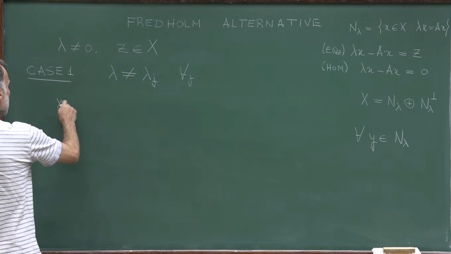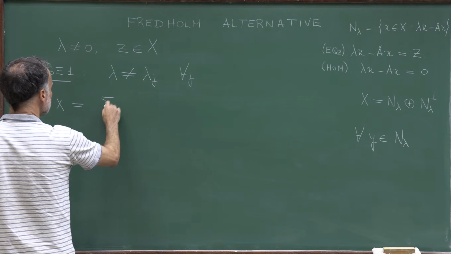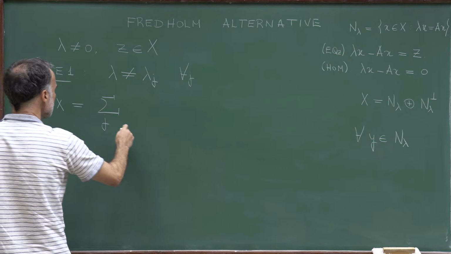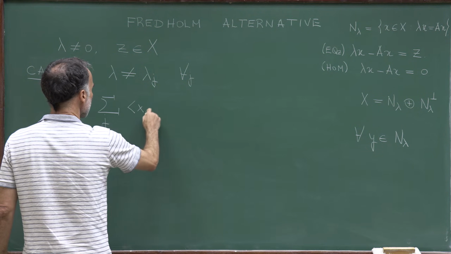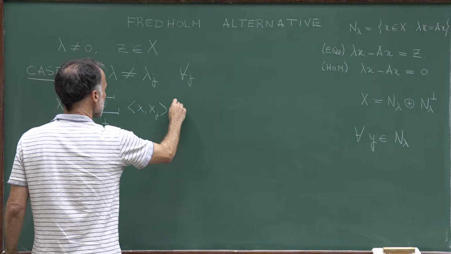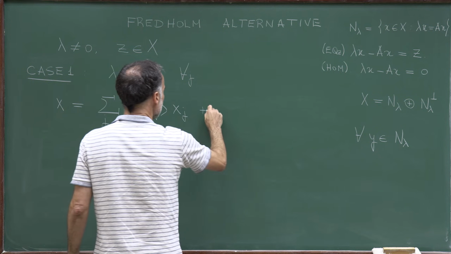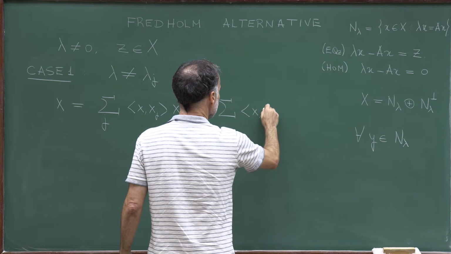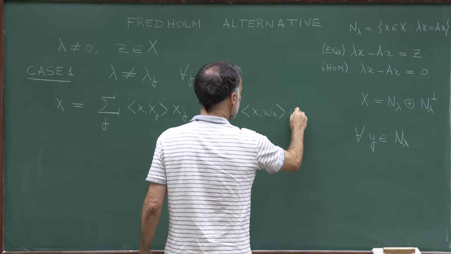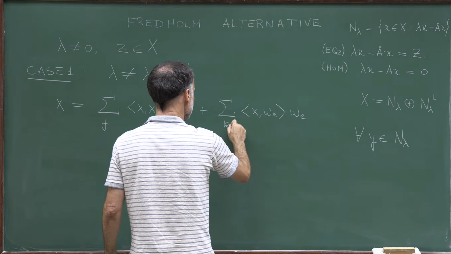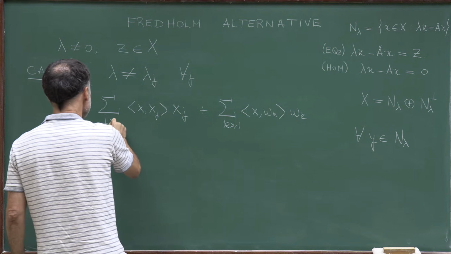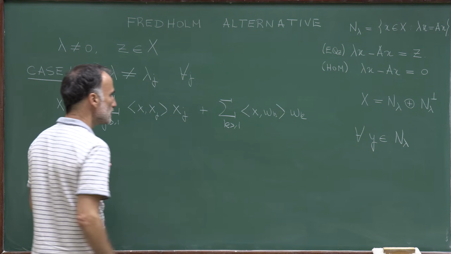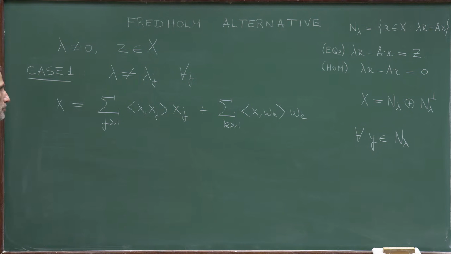Let me recall that I can write x as the sum of (x, xj) xj plus the sum of (x, wk) wk. And as I mentioned, these sums might be empty, finite, or countably infinite.